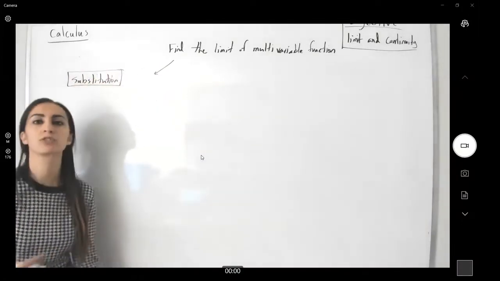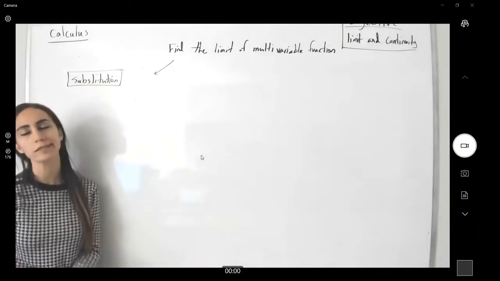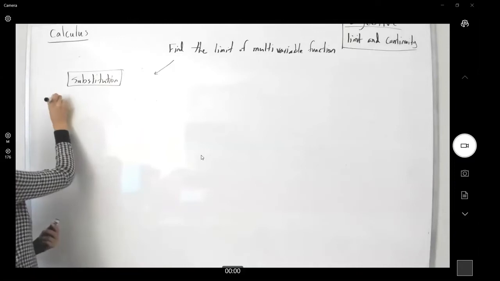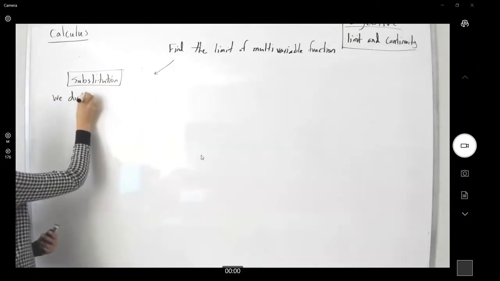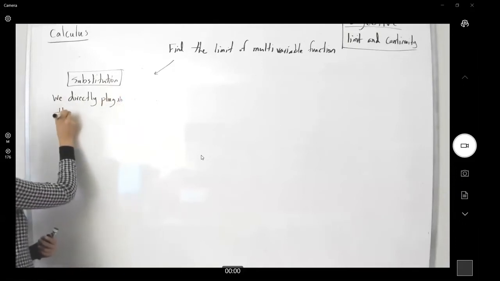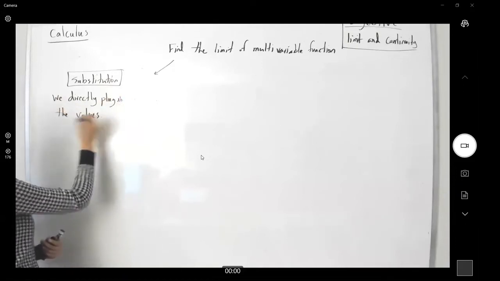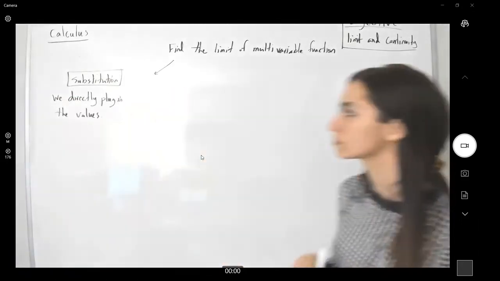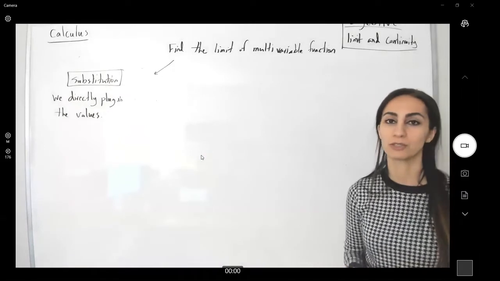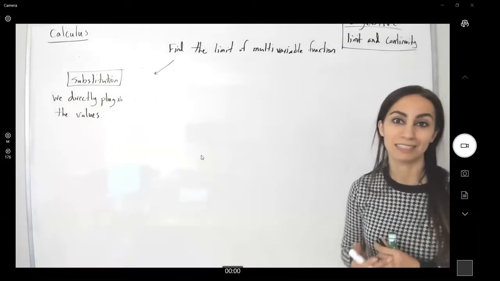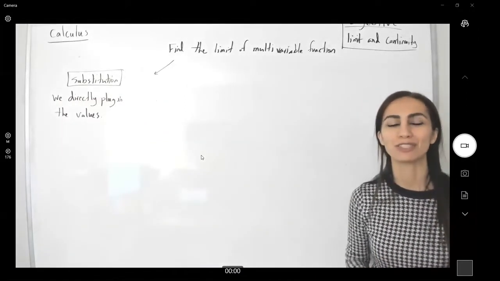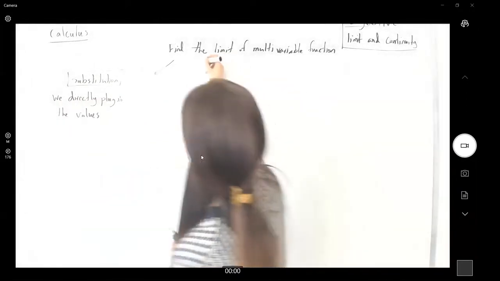The easiest way is using substitution. If substitution works well, you're lucky and you're happy. You directly plug in the values. Remember that you don't get an indeterminate form. You don't get 0 over 0. If substitution doesn't work, you can always use parametrization.